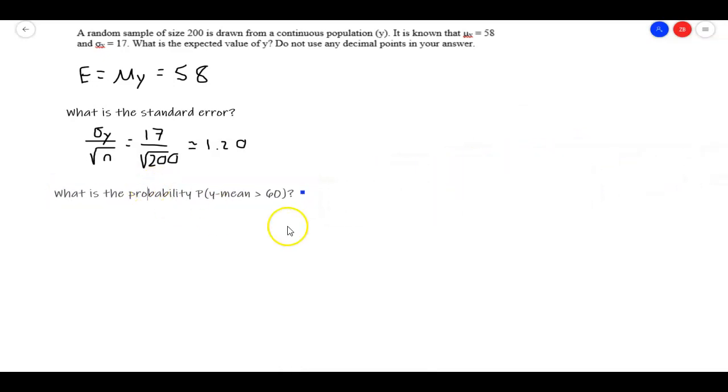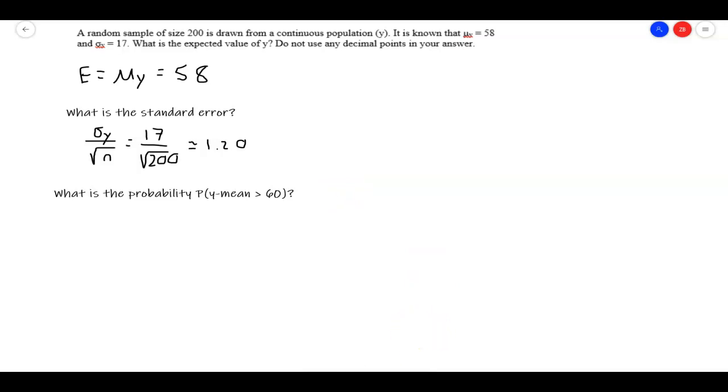What we're basically asking is, if I take a sample of 200 people, what is the probability that I'm going to get a mean that's greater than 60?